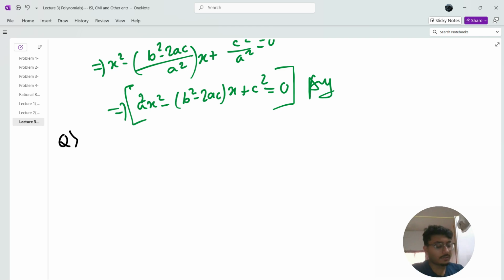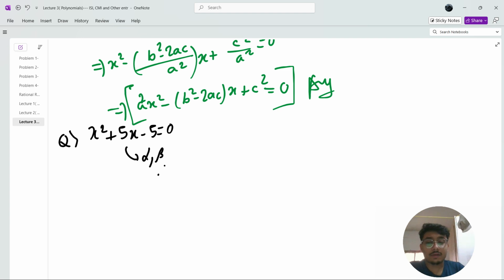My next question is basically, it says that we have an equation x square plus 5x minus 5 equals 0, whose roots are again alpha, beta.